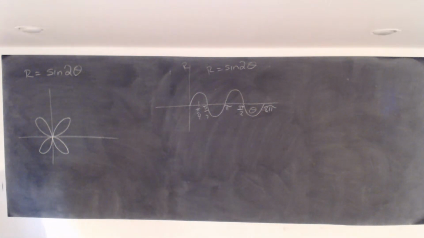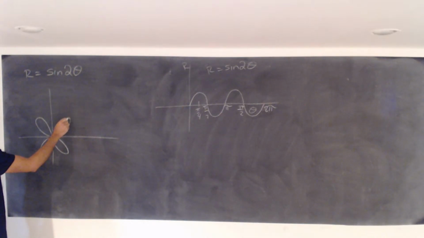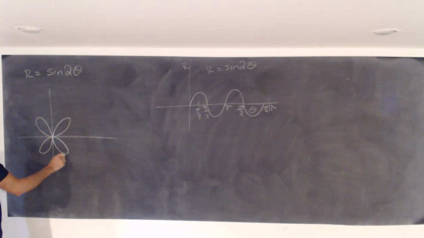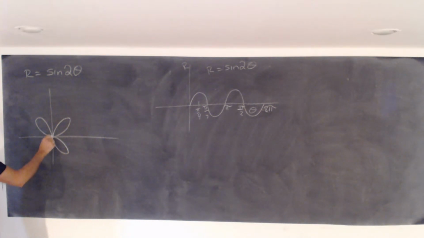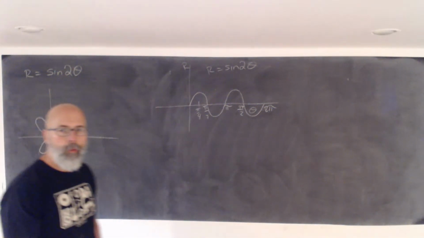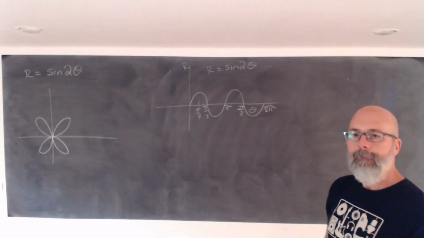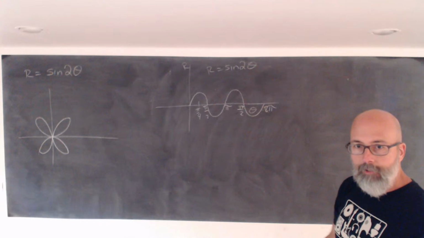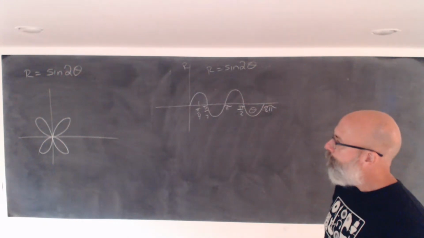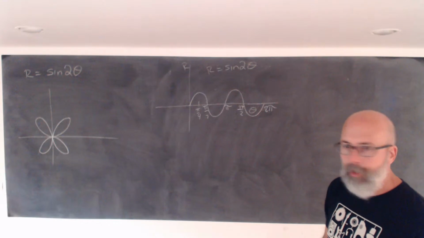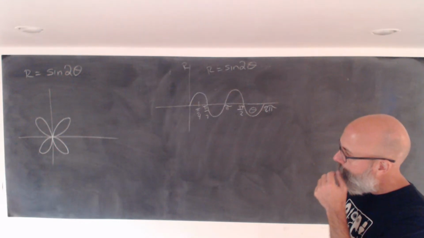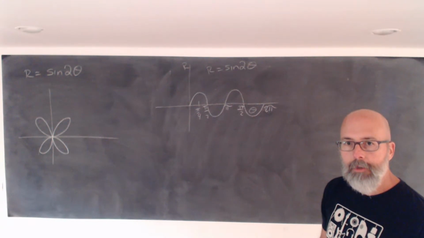There it is. Let's go over that again. 0 to 1, back down to 0, and then here, and then there, and then there. This 4-petaled rose, if you will, 4-petaled flower. Again, this would have a rather complicated equation in the xy plane.